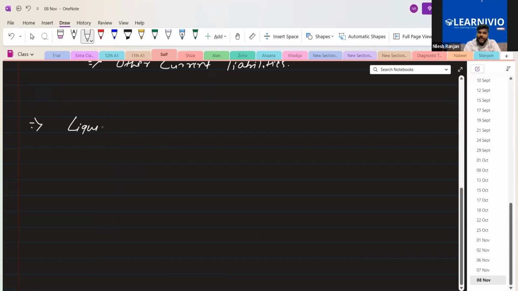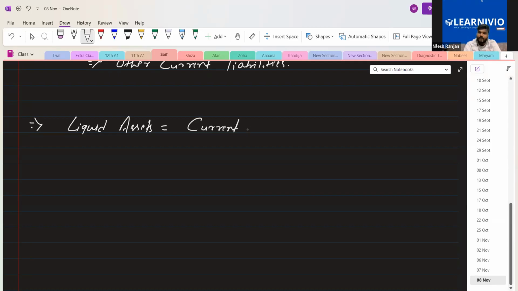So liquid assets equals current assets minus inventories minus prepaid expenses. If you remove these two from current assets, it becomes liquid assets. Is that clear? Yes, sir.